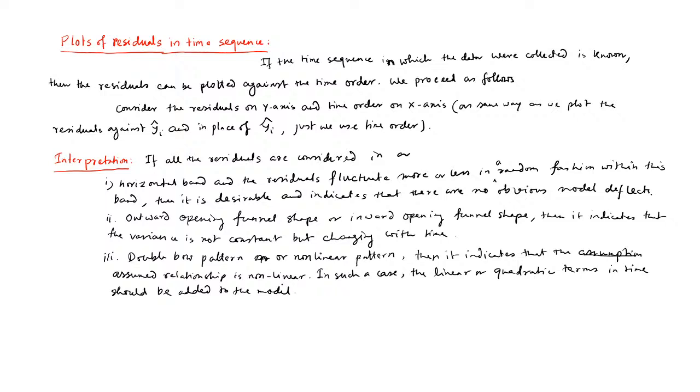I mean to say, if you consider time as the explanatory variable and you see a double bow pattern, you should add time as linear or quadratic terms. That means t or t square, if t represents the time.